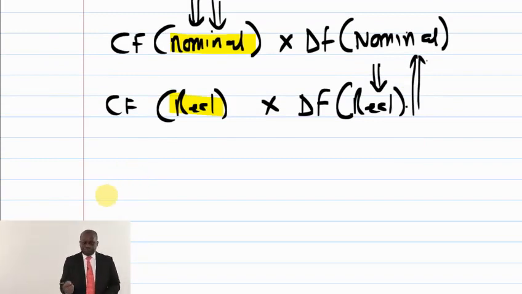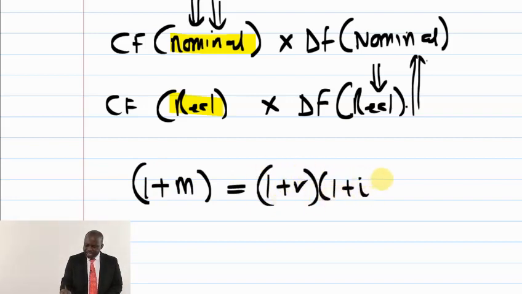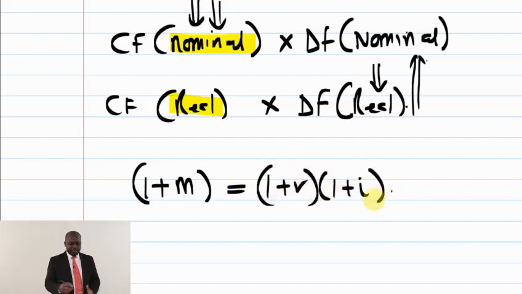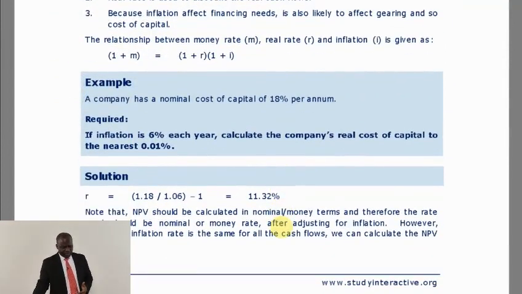And according to the Fisher equation, 1 plus the nominal or money rate should be equal to 1 plus the real rate, times 1 plus the inflation rate. So giving me the money rate, if I want the real rate, giving me the money rate and the inflation rate, I should be able to calculate that. In other words, given any two of them, you should be able to calculate the other. So that is what you would have to refresh your mind on.